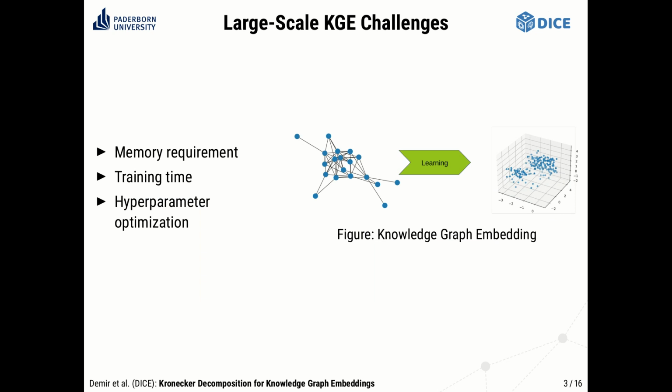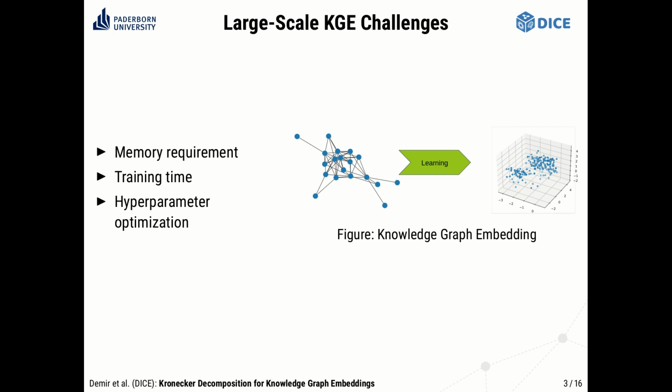Knowledge graphs used in real-world applications contain millions of entities and billions of facts. This gigantic size introduces various challenges. In this work, we aim to design a model that alleviates these challenges.